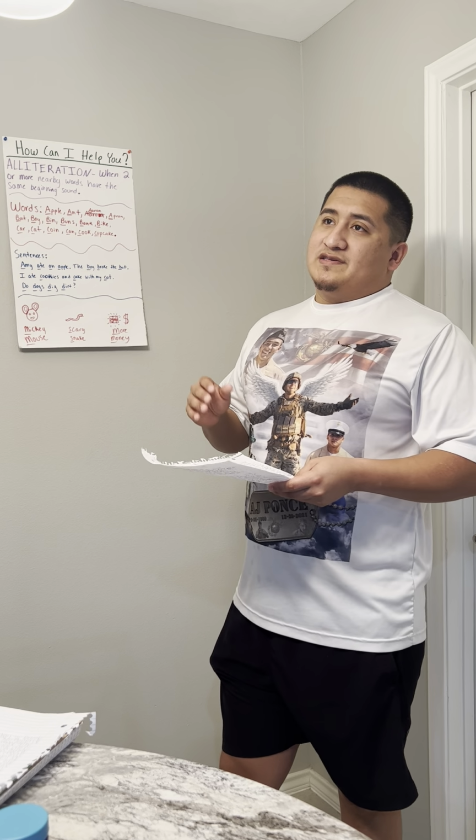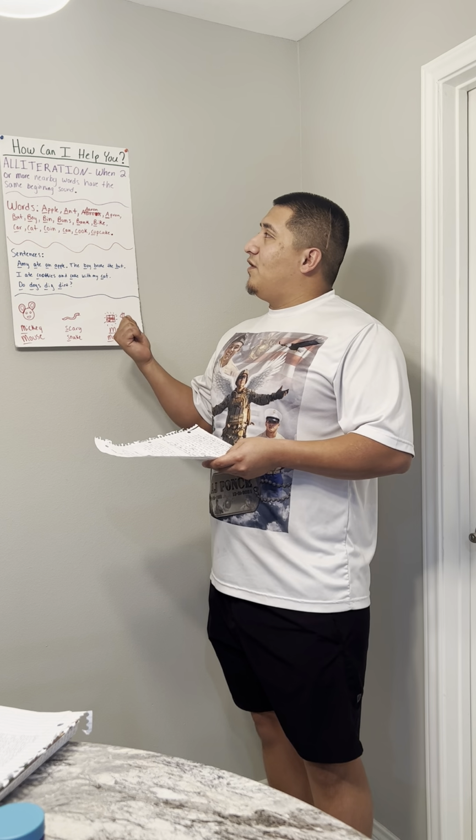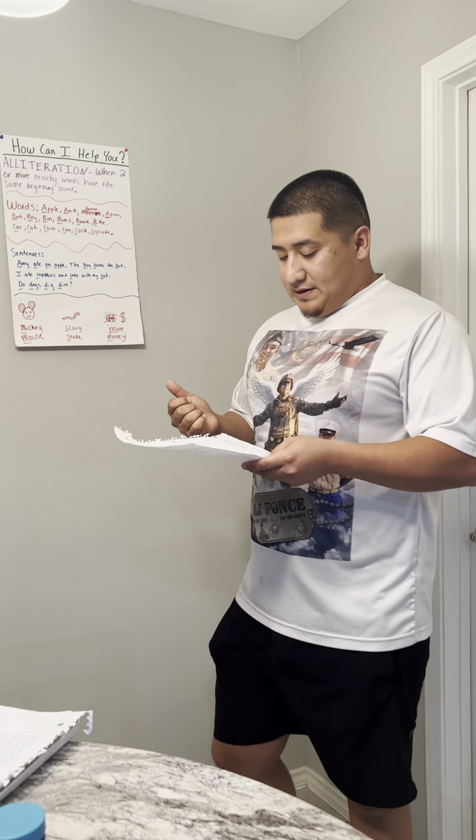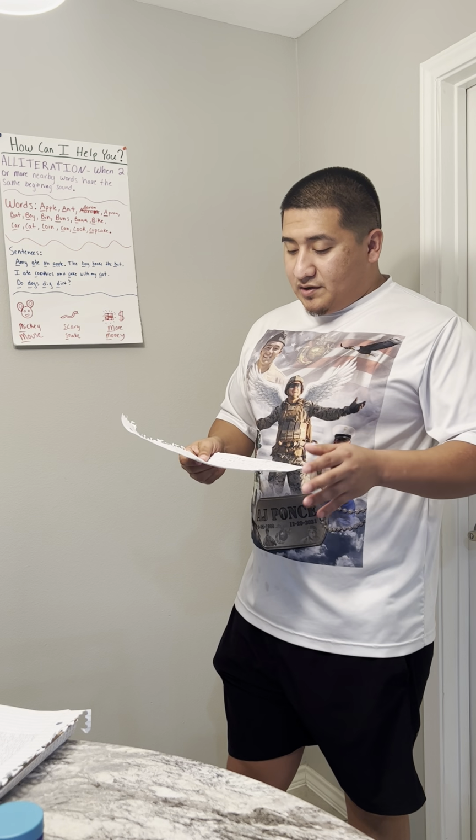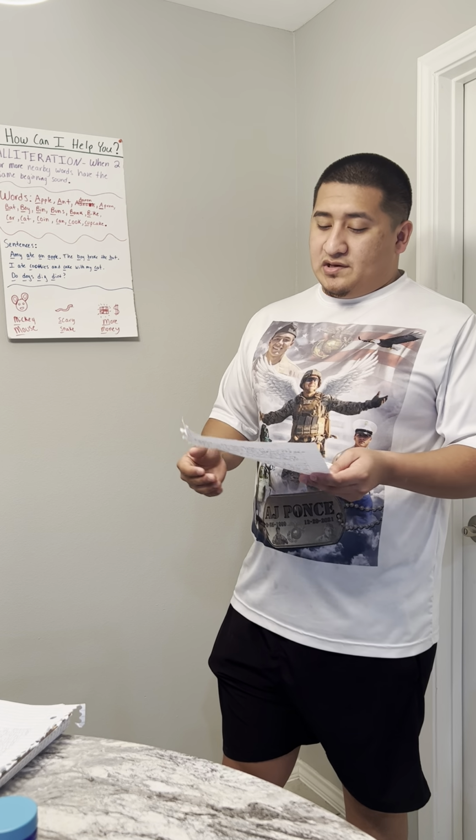But the challenge would be finding words that they can involve alliteration with. So I would let them partner up, give them about 10 to 20 minutes to come up with that story and some words, and then group them up in a bigger group, so that way they can help each other out with that.